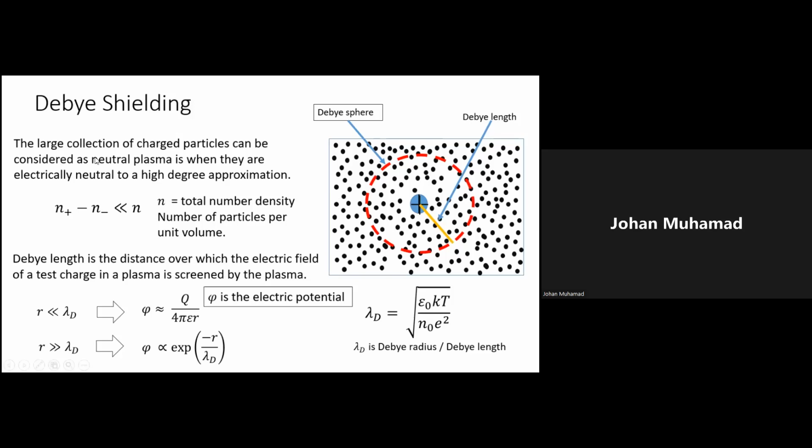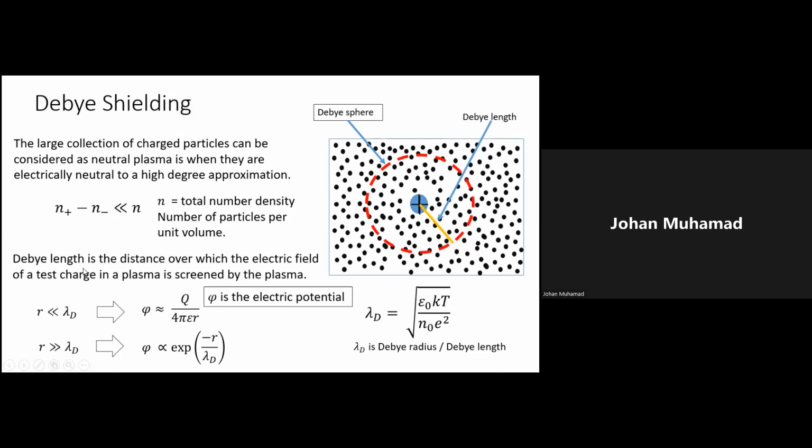So we have to make sure that this large collection of charged particles is neutral plasma. We can know that when they are electrically neutral to a high degree of approximation, so the number of positive particles is almost equal to the number of negative particles.